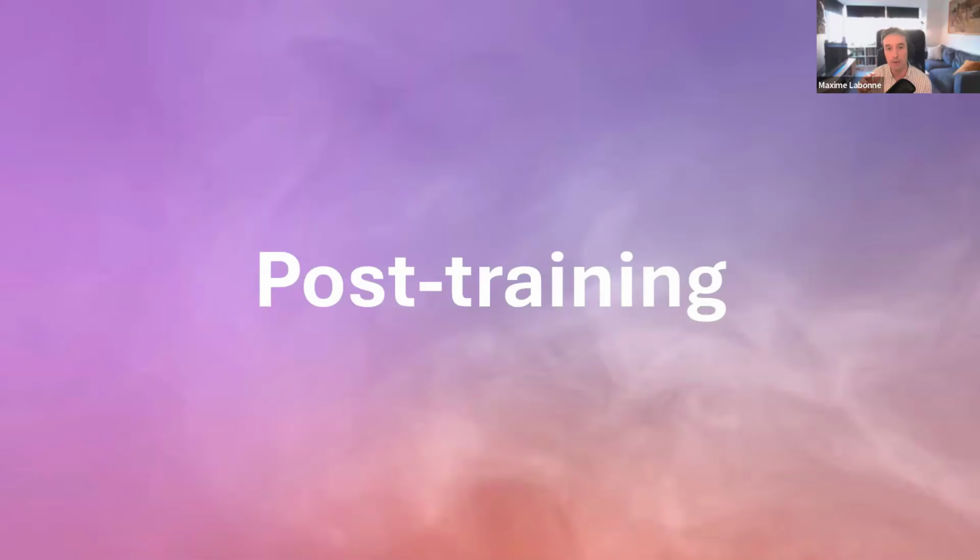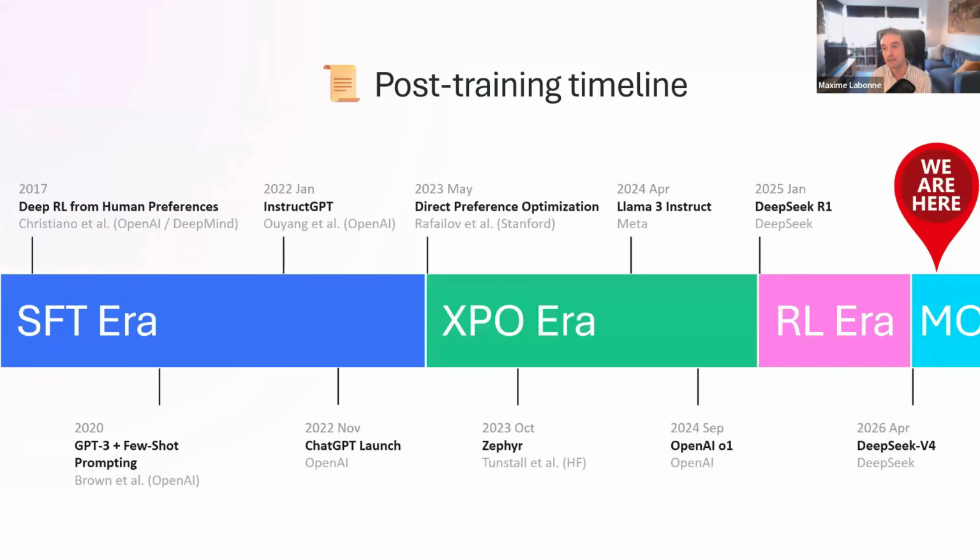Let's now talk about the quality aspect of it. So this is mostly about post-training. And if we look at the post-training history, the timeline, you can see that we had the dark ages with the SFT era, where post-training was basically supervised fine-tuning. And we have key papers and releases from this era.